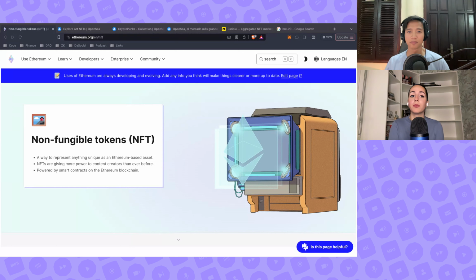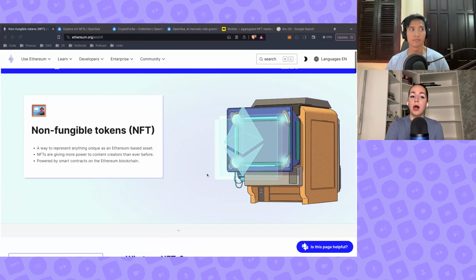Exactly, it's the same, so it has the same value. But a non-fungible token might or might not have the same value because they are not the same, they are more like collectibles. So the value or the characteristics of the tokens are different.